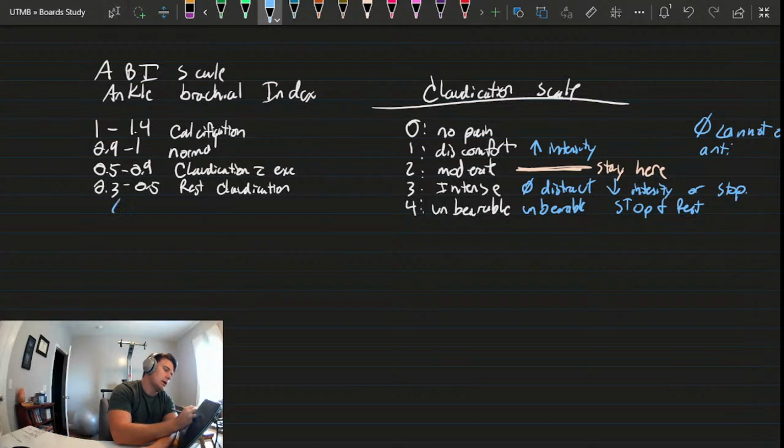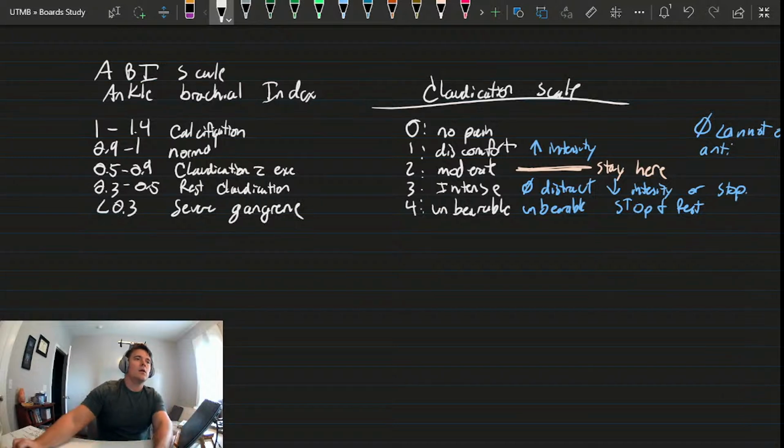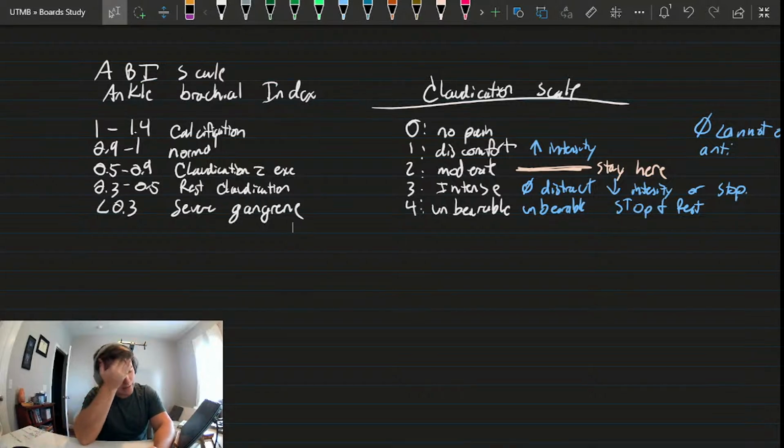So this is less than 0.3. This is severe, and this is going to be gangrene. That's pretty low, and they're not going to give you blood pressure and make you calculate that, because I don't think you're allowed to have a calculator anyway.